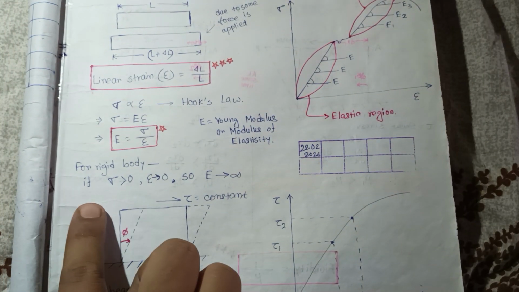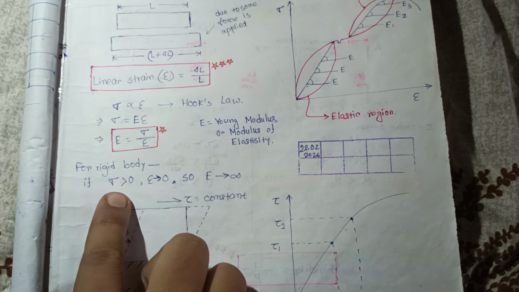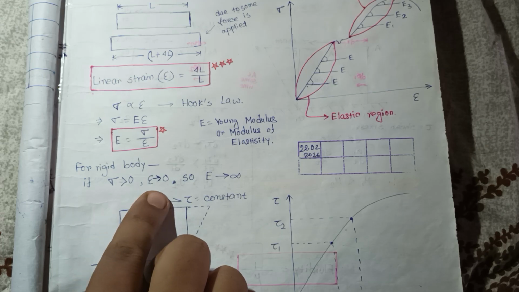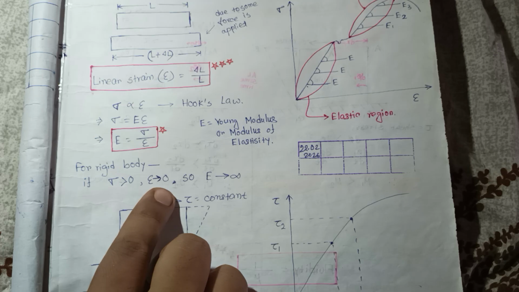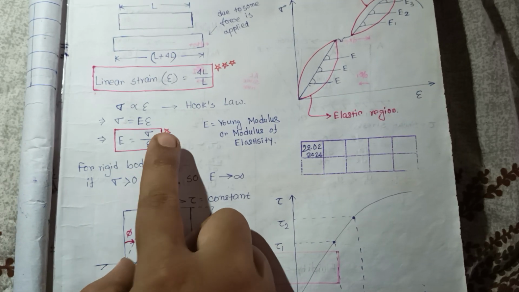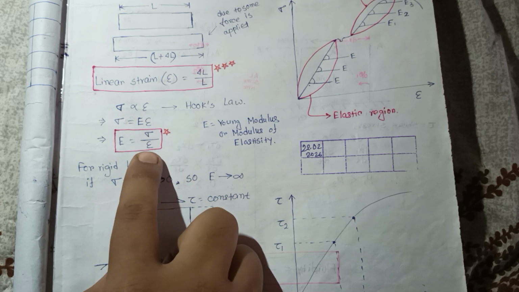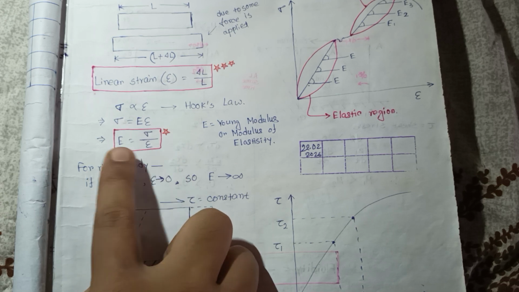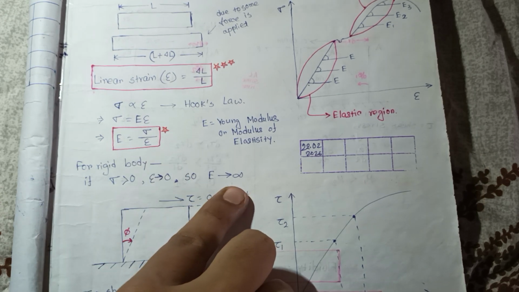For a rigid body, if sigma is greater than 0 and epsilon, that is linear strain, tends to 0, so if you put the value here, E is equal to sigma by epsilon, and epsilon is equal to 0, so the E value will be infinity.